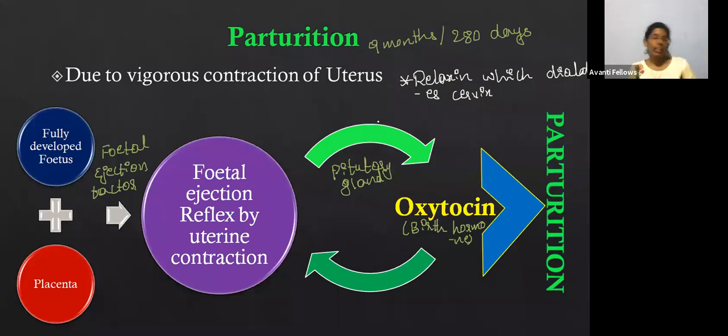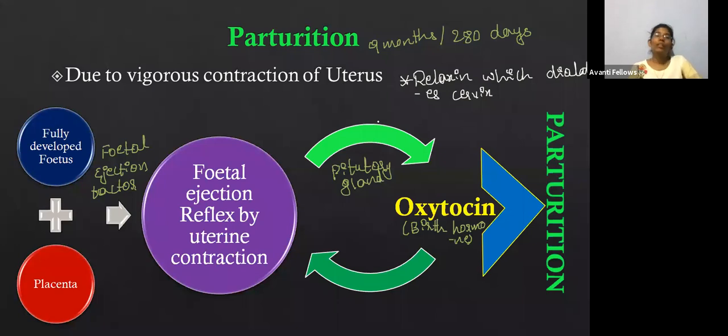Okay, and if we want the parturition to be normal, then the baby's head should come out first from the uterus. The baby's head will come into the cervix first, and then from the cervix it will come to the vagina, and it will come out ultimately.